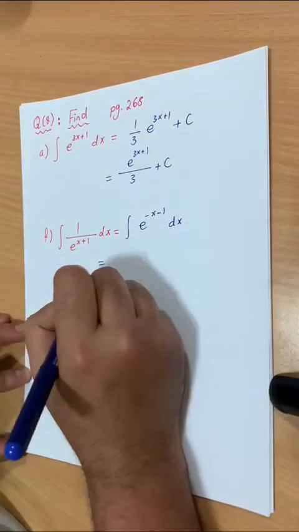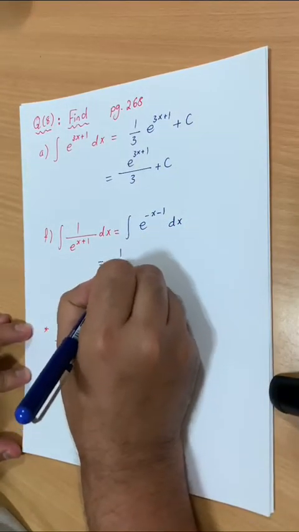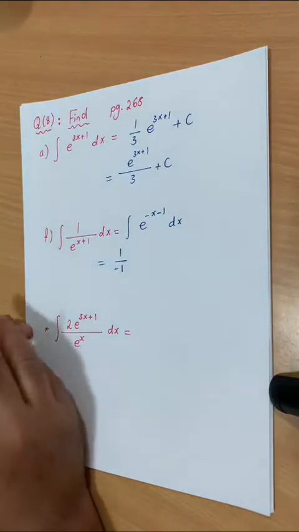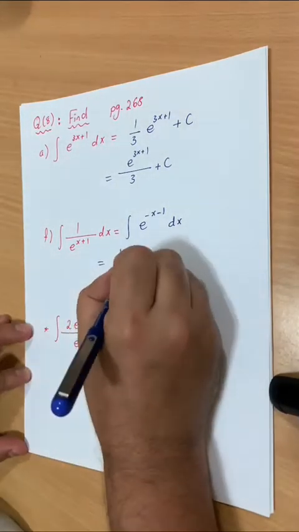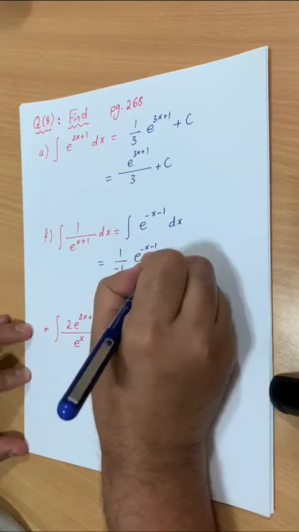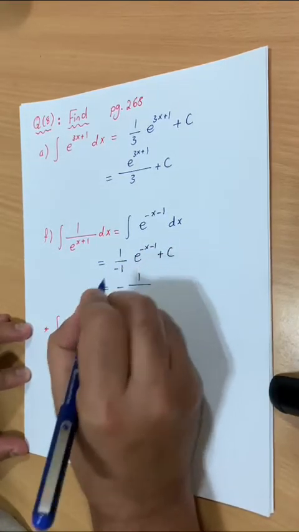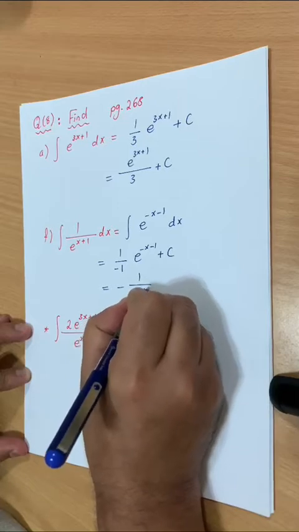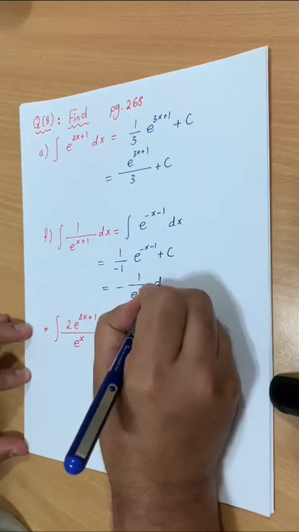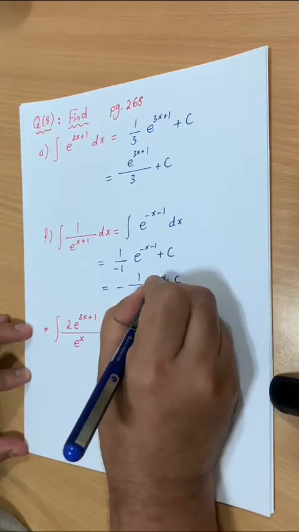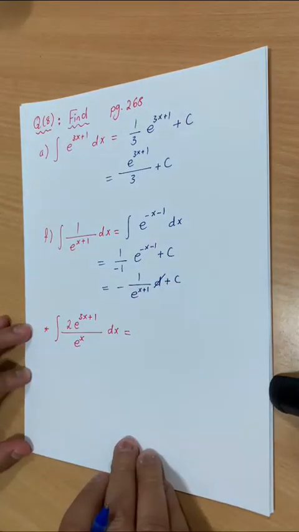The derivative of the power is negative 1, so 1 over negative 1 will give you at the end a negative sign: negative e to the power of negative x minus 1 plus c, or if you move the e to the denominator again, negative 1 over e to the power of x plus 1 plus c.